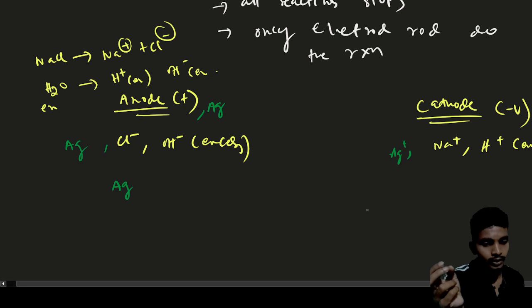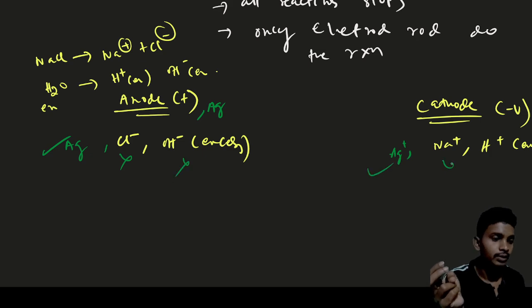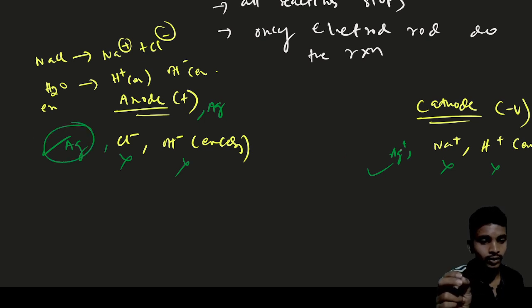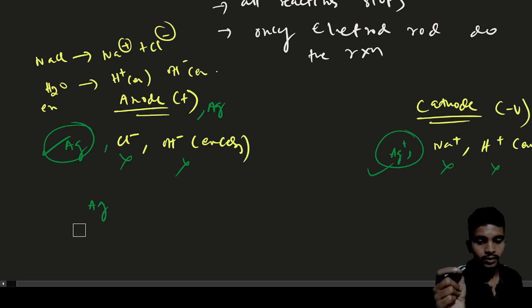Then this Ag will win, not the others. So if the electrode is active, it does the reactions itself. So at the anode, Ag itself does the reaction.